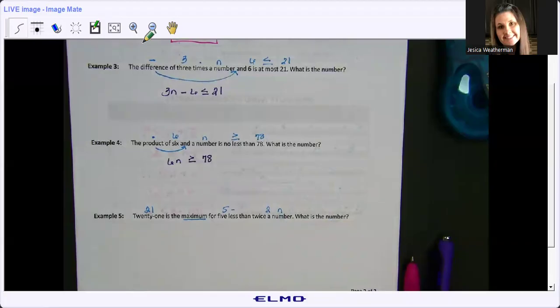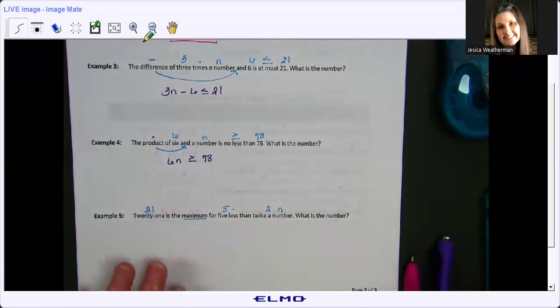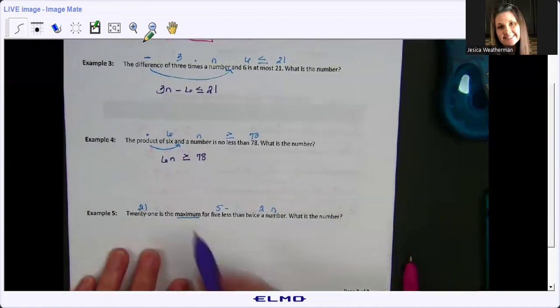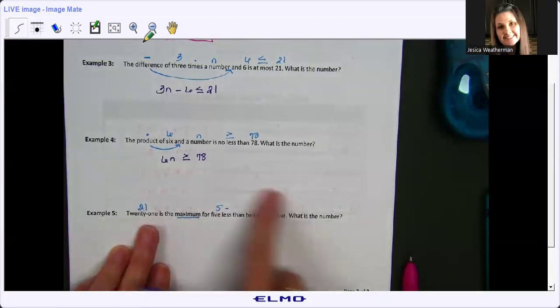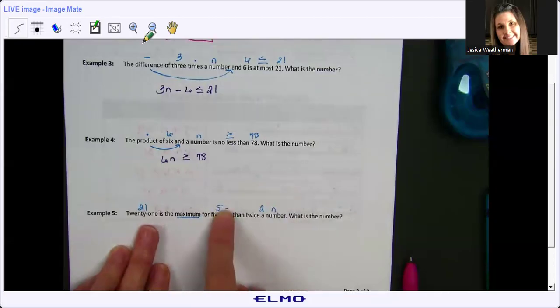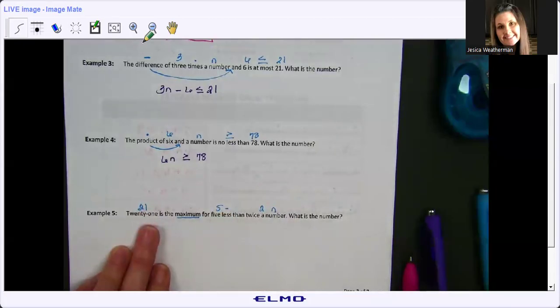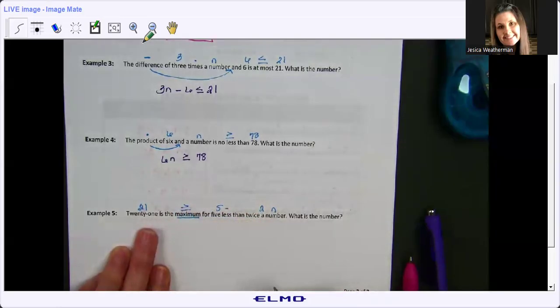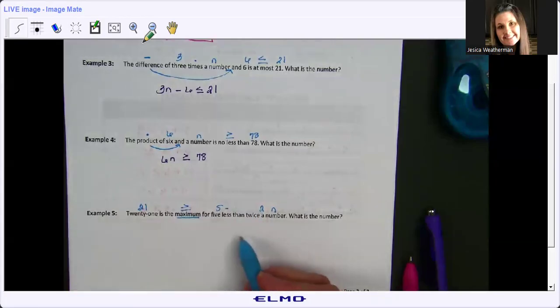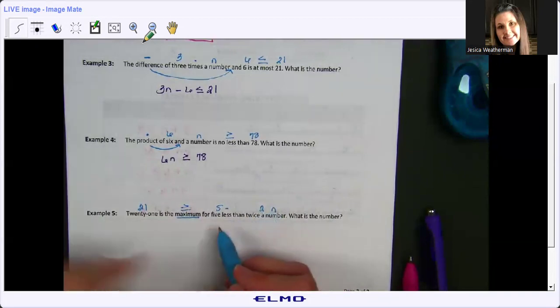So it can't be more than 21. So 21 has to be... I have that 21 is greater than. Yes, 21 is greater than. So this over here cannot be more than the 21. So it's going to be greater than or equal to. Now, notice that 5 less than twice the number means that this number is going to be 5 less than.